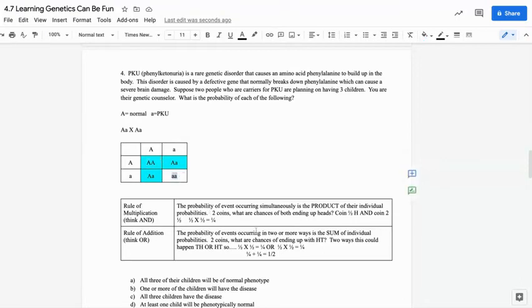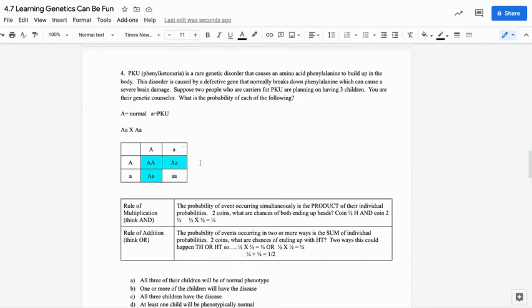So just look at your Punnett square. This is a 1 in 4 chance of getting this, a 1 in 4 chance of getting this. Sorry, I should say it this way: a 1 in 4 chance of getting homozygous dominant, a 1 in 4 chance of getting homozygous recessive, and then a 1/2 chance of getting heterozygous.